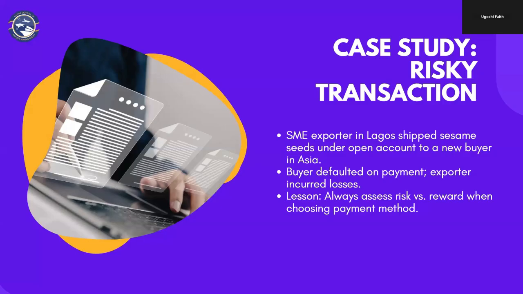But what if it's cash against document? Would you have gone ahead with cash against document? I explained cash against document, which is the same as document against payment. It looks like open account, but in this case, the document you are supposed to send to the buyer, you send to the buyer's bank.